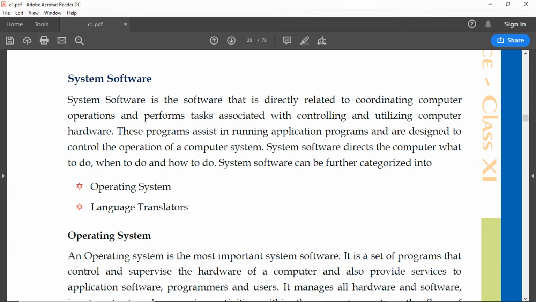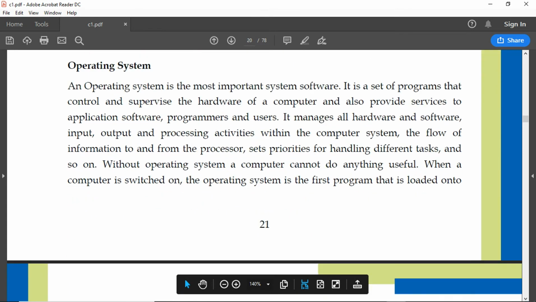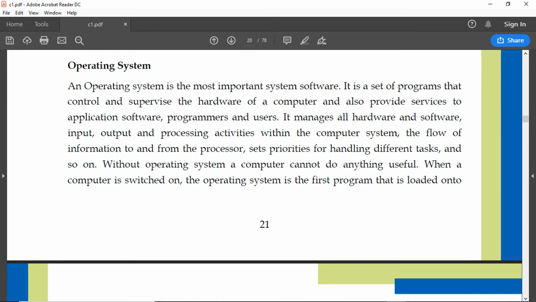System software can be further categorized into operating system and language translators. Operating system. An operating system is the most important system software. It is a set of programs that control and supervise the hardware of a computer and also provide services to application software, programmers, and users.